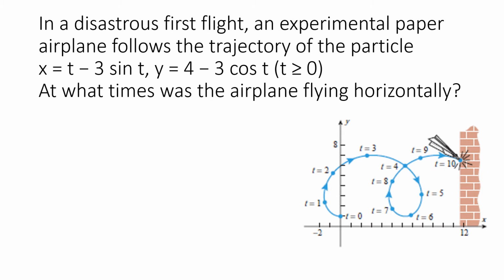According to the illustration, it crashes into a wall at t equal to 10, where the paper plane hits the wall. So at what times was the airplane flying horizontally? That is the problem.